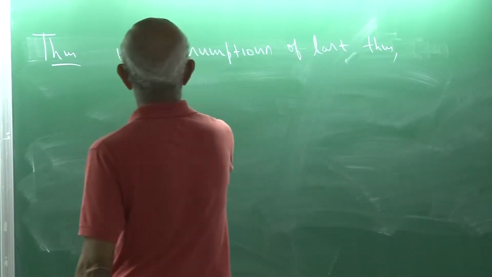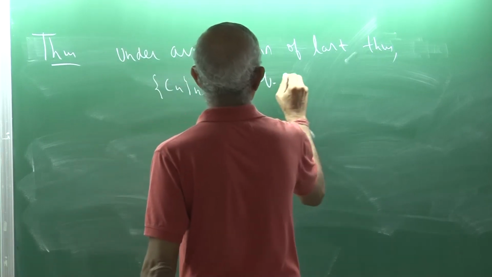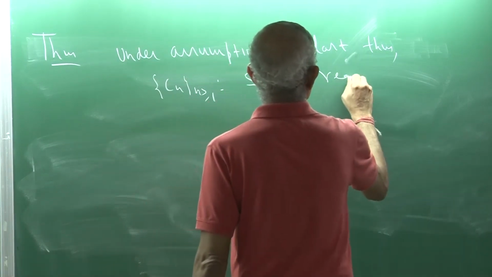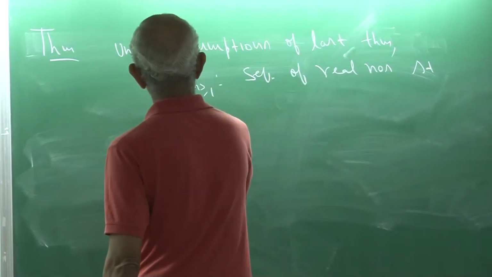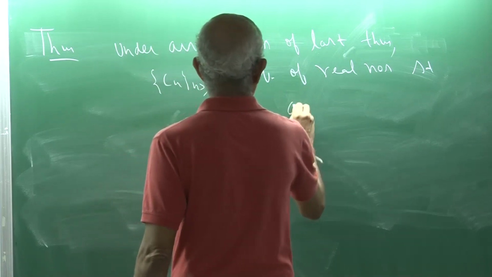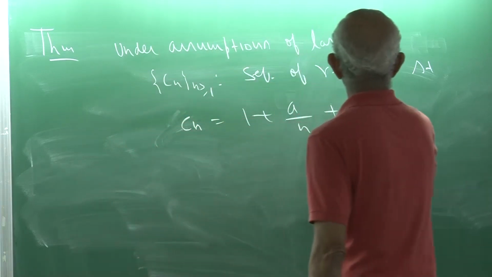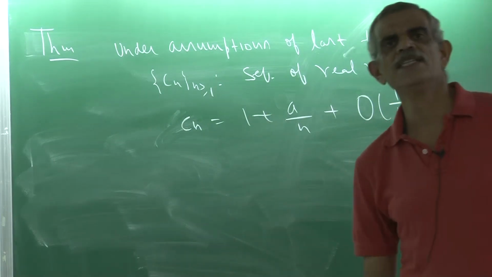So Cn is, suppose, a sequence of real numbers. And what kind of a sequence is it? It is of the type Cn is equal to 1 plus a by n plus big O 1 upon n square. So Cn is of this kind. So in a sense, what it says is Cn is going to 1.